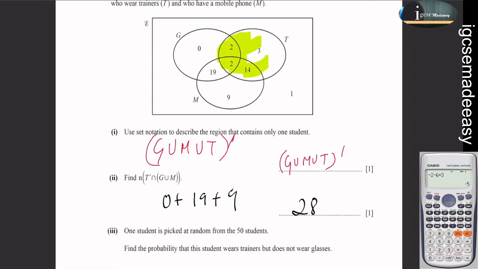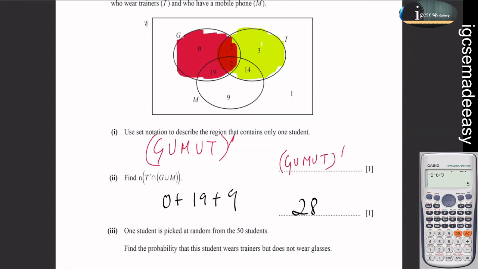We need the trainer, but not the glasses one. We need the trainer, but excluding the glasses. So these two are also excluded.